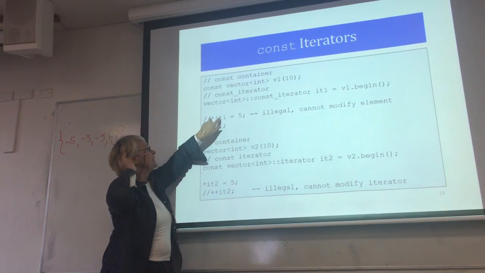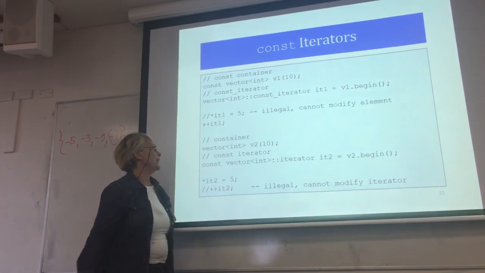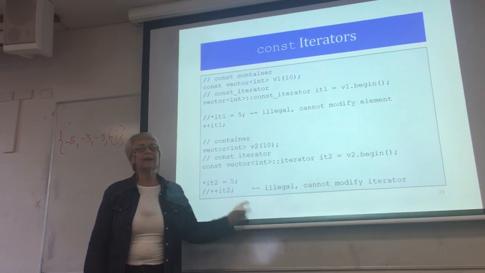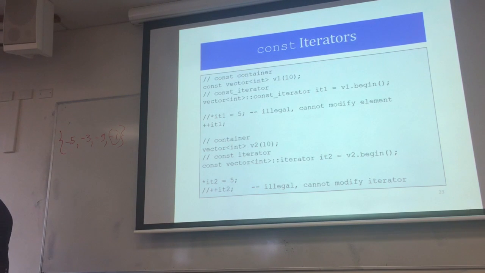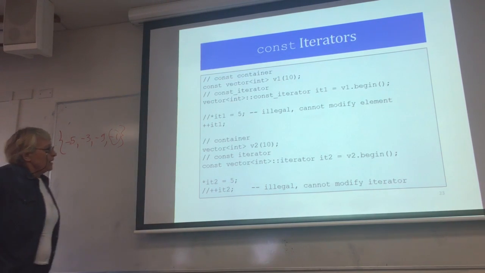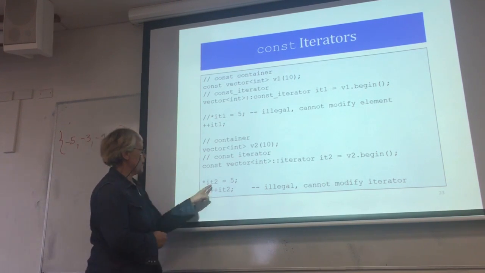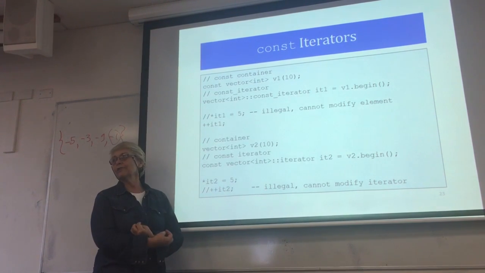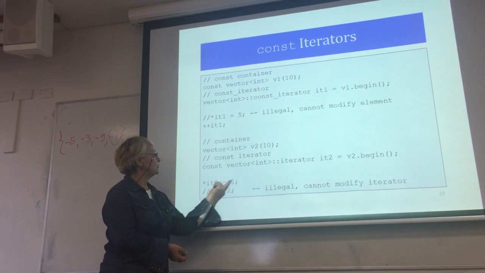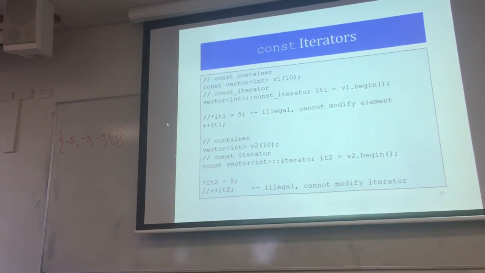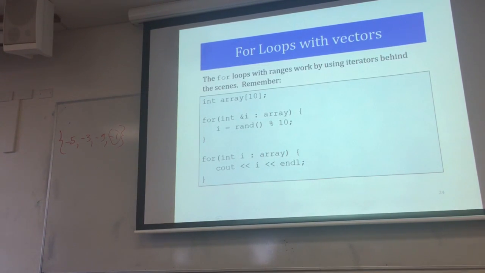It's constant because it doesn't change the element in the container. With an iterator which is constant, you are not allowed to move through the container. You are stuck to some location, the beginning, but you are not allowed to move the iterator itself. You are allowed to change the elements in the container. Right, so this was just an interesting thing to be aware of.